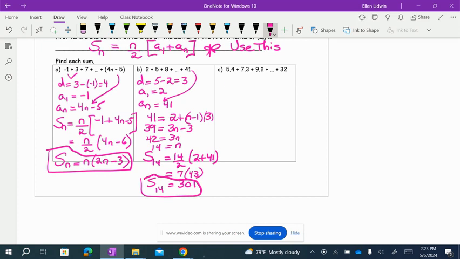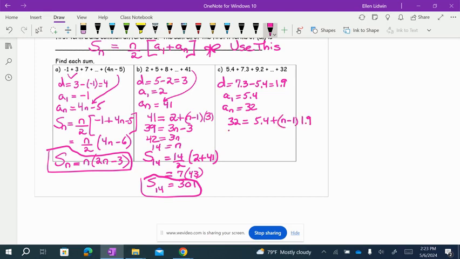Last one. D equals 7.3 minus 5.4, and you get 1.9. Your a sub 1 is 5.4. Your a sub n is 32. So I want to find the number of terms, and I'm going to take 32 equals 5.4 plus n minus 1 times the 1.9.